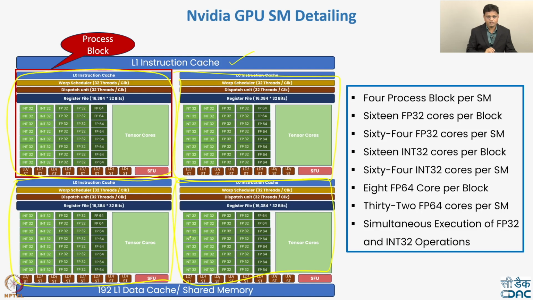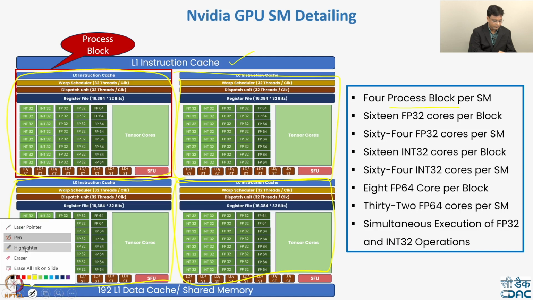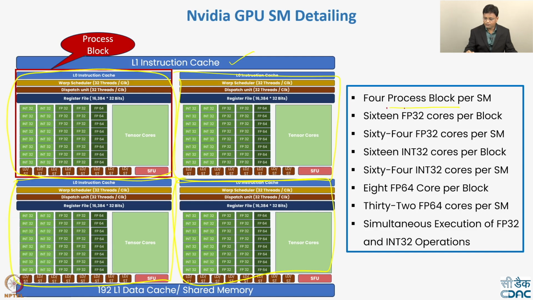There are 4 blocks, and these are known as process blocks per SM. Apart from these 4 blocks, there is an L1 data cache and shared memory present in each SM. Now I will get into each process block in detail.